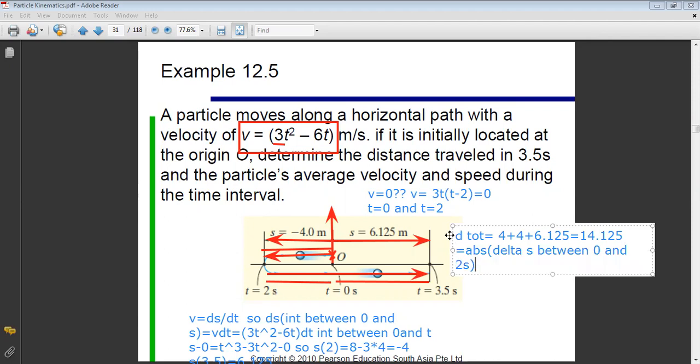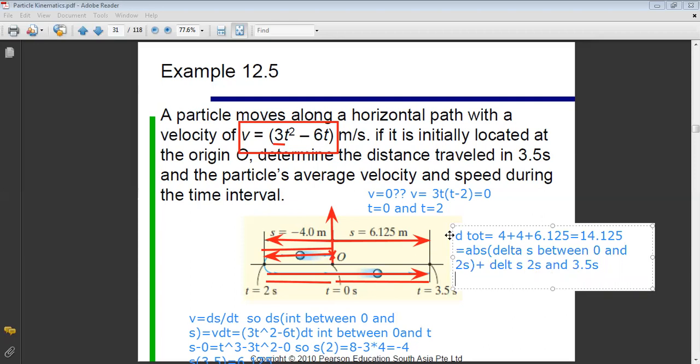And plus, in the second phase from 2 to 3.5, you have a positive delta s, so no need to put absolute value. So plus delta s between 2 seconds and 3.5 seconds, okay? And this is equal to what? You can do it as integration.